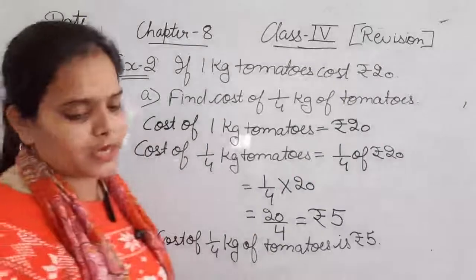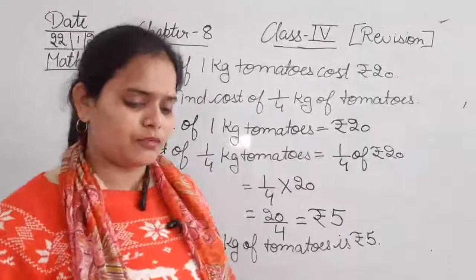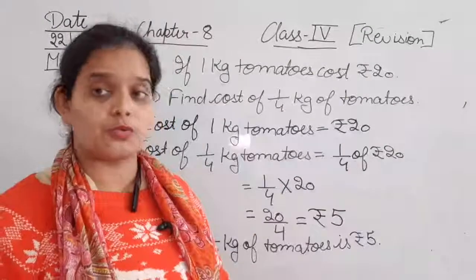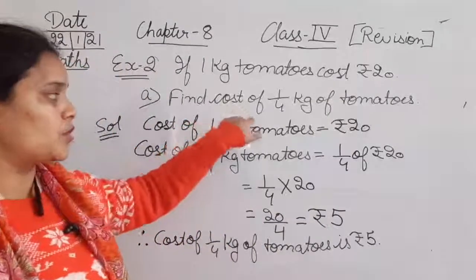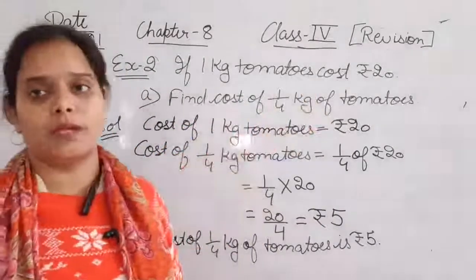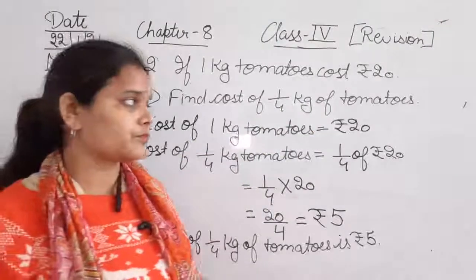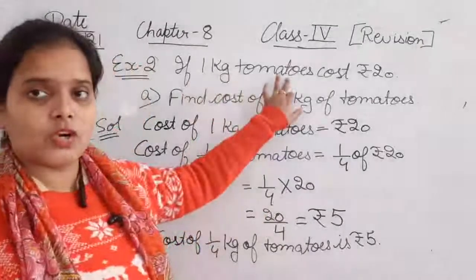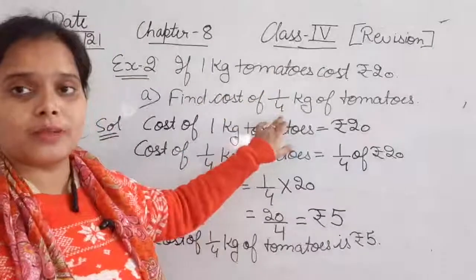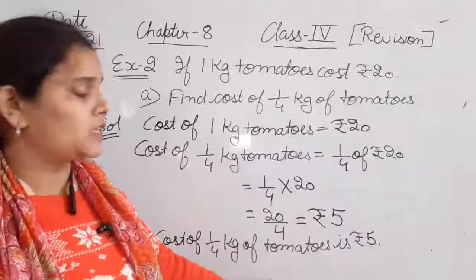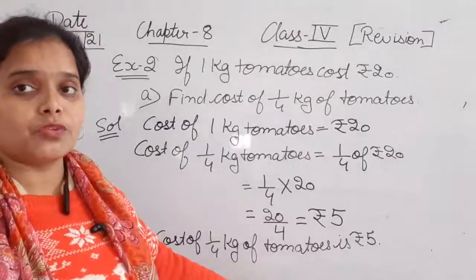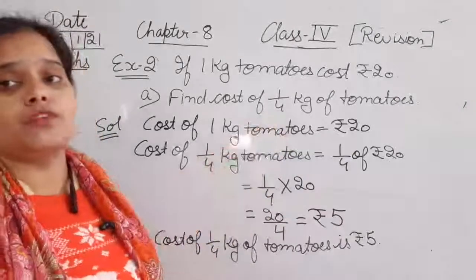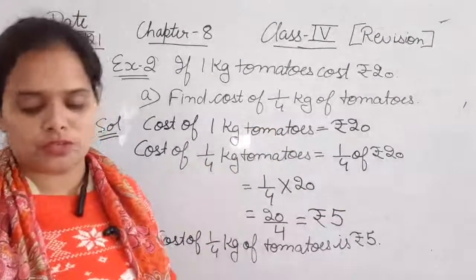Let's move to the B part. In the B part, we have to find the 3/4 kg of tomatoes. So that means in B part हमें we have to find the cost of 3/4 kg of tomatoes. Okay. 1 kg टोमेटो की कॉस्ट सेम है, 1/4 की हमने निकाल ली. This is how we have calculated the cost of 1/4 kg of tomatoes. Now we have to find the cost of 3/4 kg of tomato.